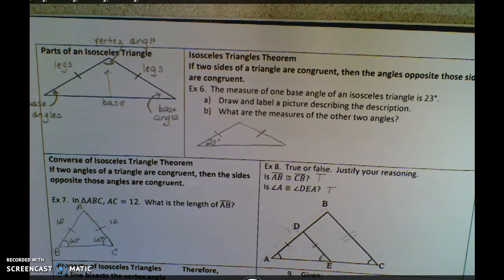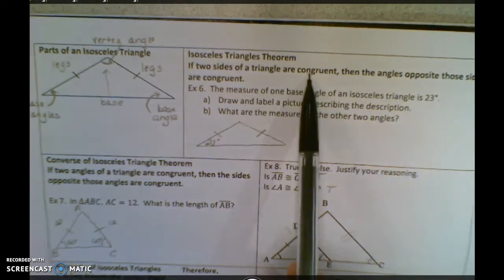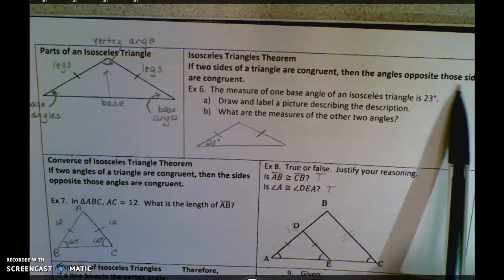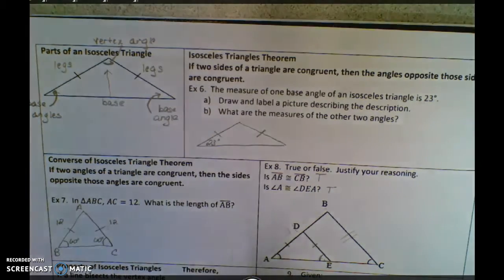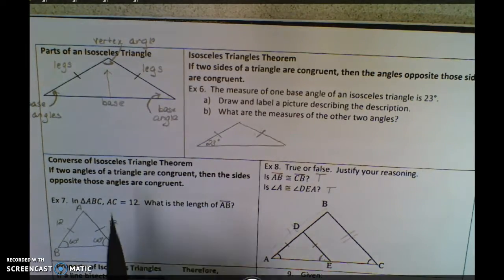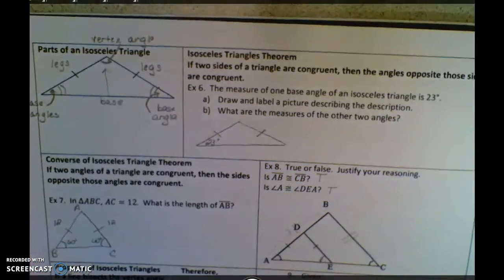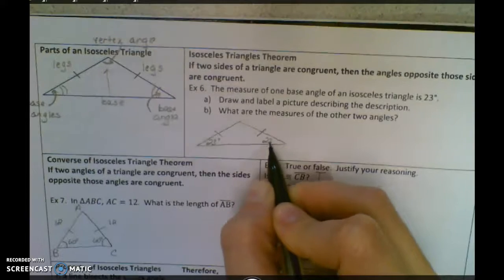The isosceles triangle theorem that's in bold at the top here says if two sides of a triangle are congruent, so if it's isosceles, then the angles opposite those sides are congruent, which means the base angles are congruent. That's a fancy way of saying anytime you have an isosceles triangle, this base angle will be the same as this base angle. So if this was labeled as 23, well, this one is labeled as 23.